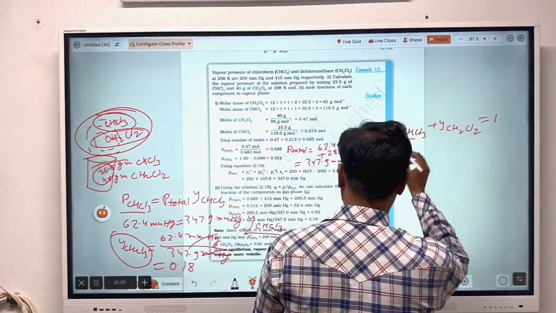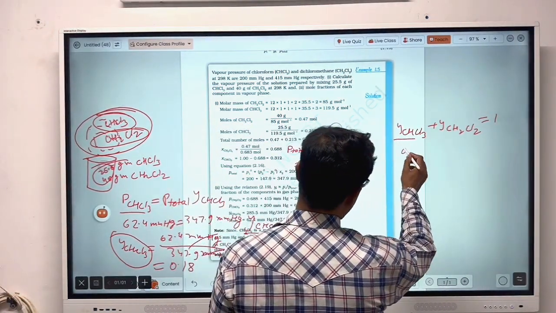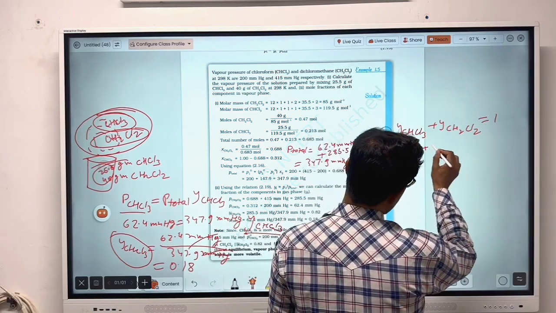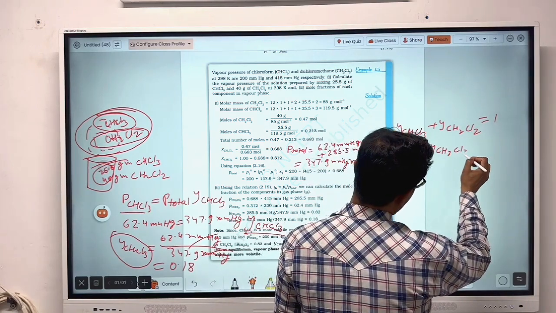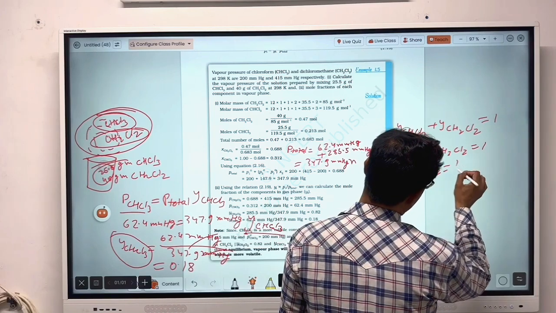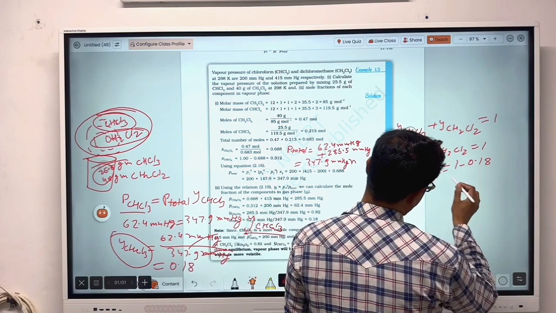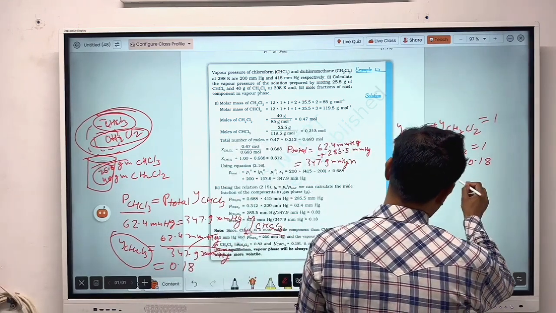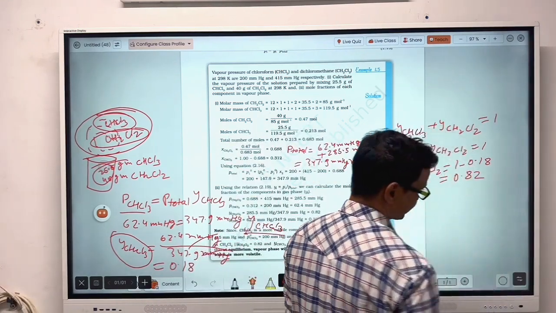The mole fraction of chloroform we have calculated 0.18. So 0.18 plus mole fraction of dichloromethane will be 1. So mole fraction of dichloromethane will be 1 minus 0.18. Subtract this, it will come 0.82.